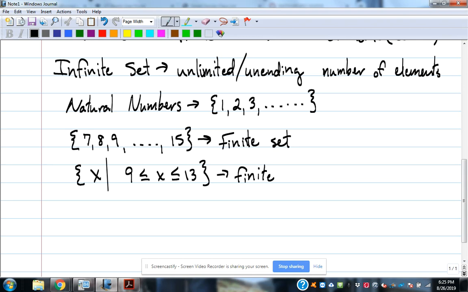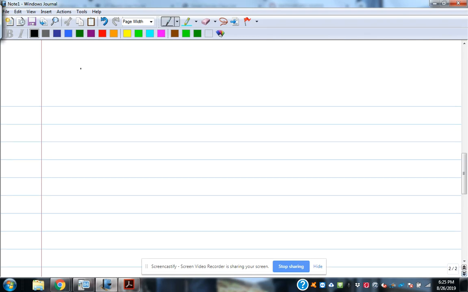Now, let's take some sets that are described in words and try to list the elements in those sets. So these are actually going to be lettered. I like to letter my examples that we're actually doing work on. So I'll start with letter A and keep going from there. Sometimes I'll add an extra example or take away one that I don't think we need to do because it seems like everybody understands it from my notes.